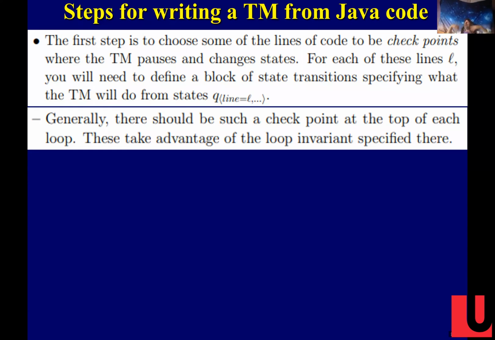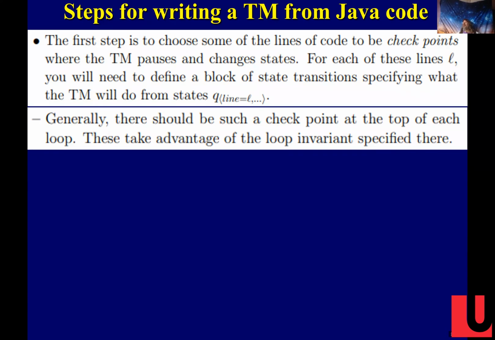And when I go around the loop, I need to maintain that picture, right? So one of the things that I give you is not only the code, but I will give you the loop invariant. So we can combine these two ideas: the first place to put a checkpoint is at the top of a loop. All right.